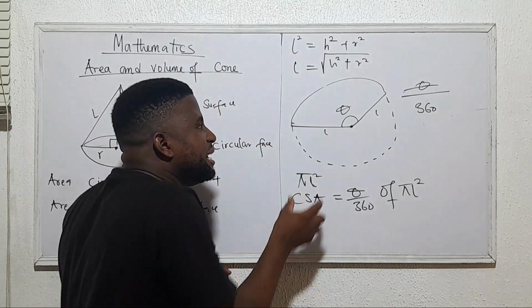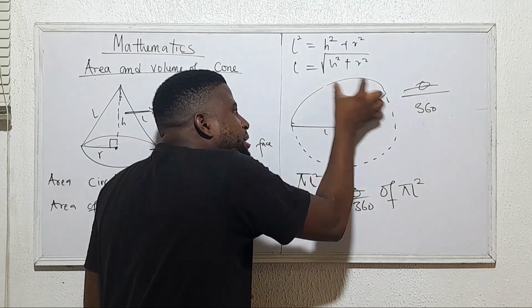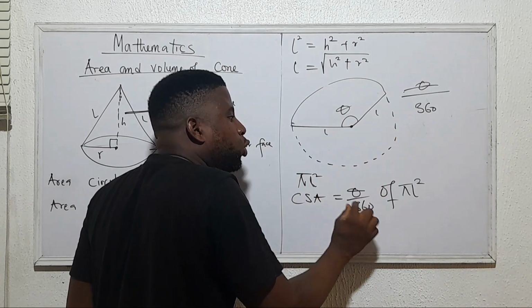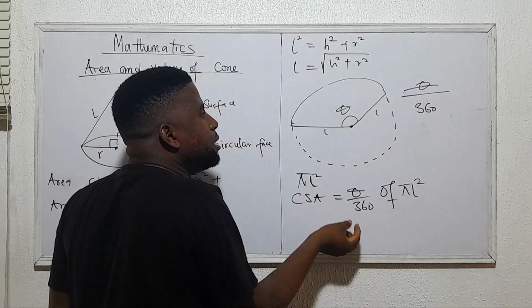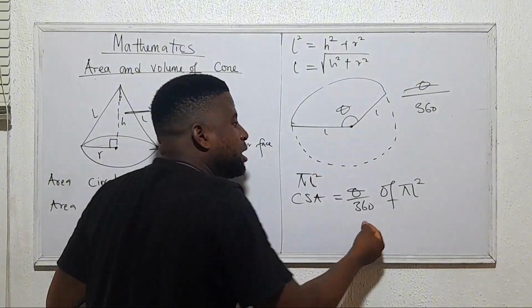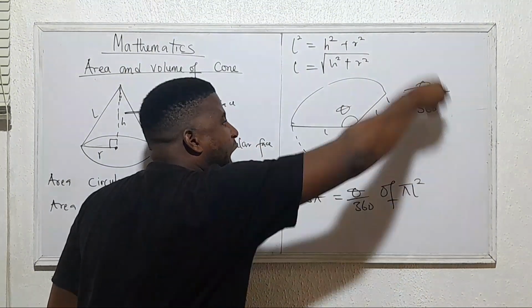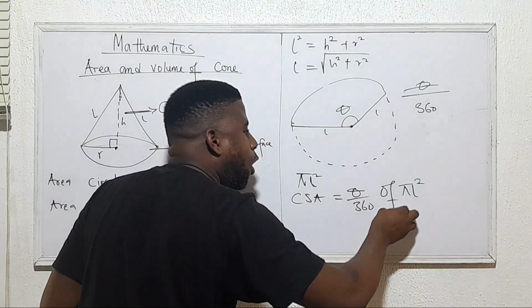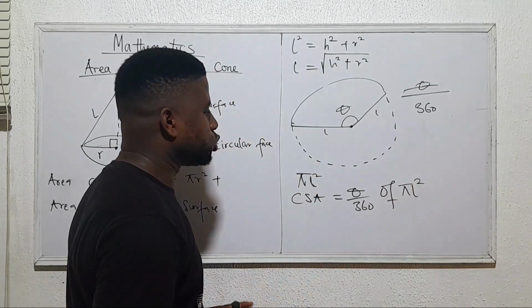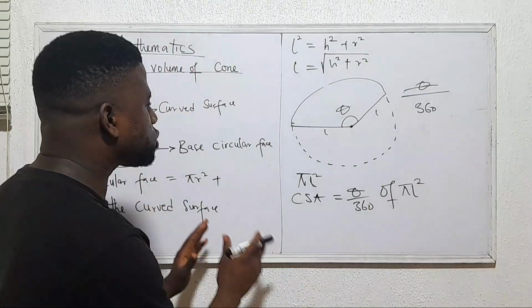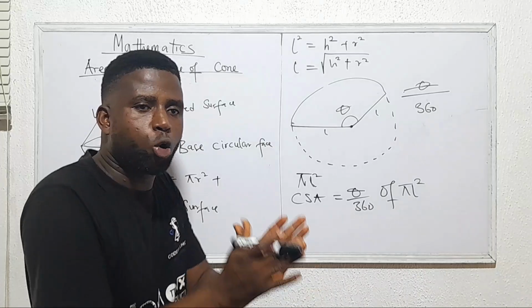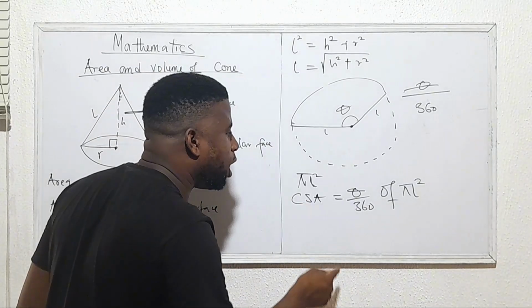Now, it means that the area of this little part from the circle, which is theta over 360, will be theta over 360 out of the full area of the what? Of the circle. So, in other words, the curved surface area of a cone will equal to what?